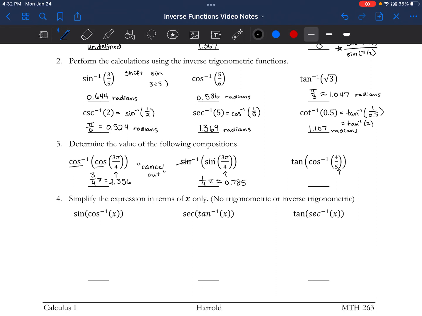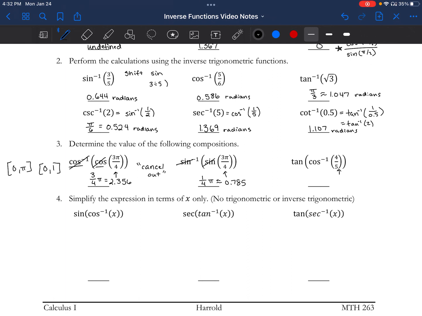Why didn't these cancel out like they did in the first one? Well, the answer comes down to what the sine and cosine are taking in as their inputs and what they're putting out as their outputs. When we talked about input versus output, we defined the range for cosine as 0 to 1, and we defined its input from 0 to pi.